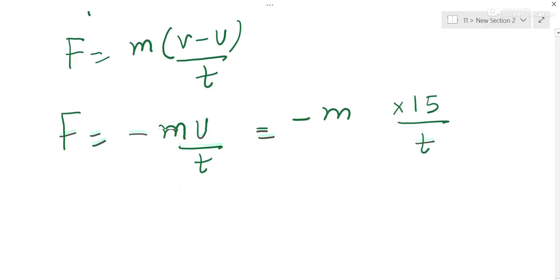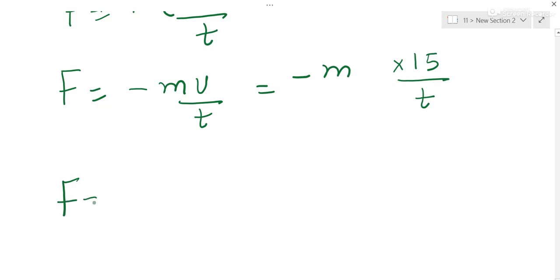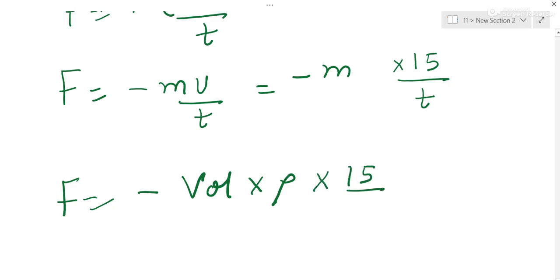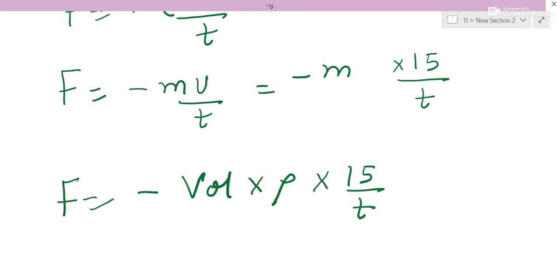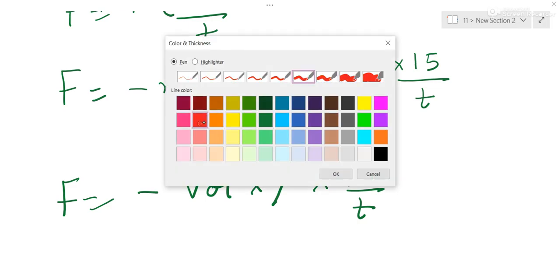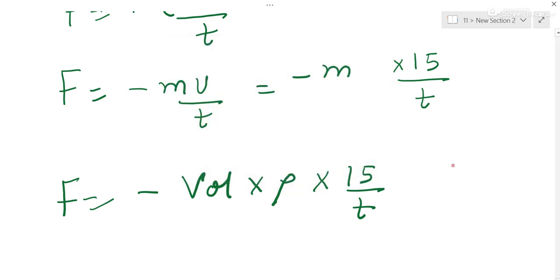Now we don't know the mass in this question, so what would we do? We'll write mass as volume into density of water, into 15 by time. We should know that the density of water, everyone should know, is 1000 kg per meter cube.